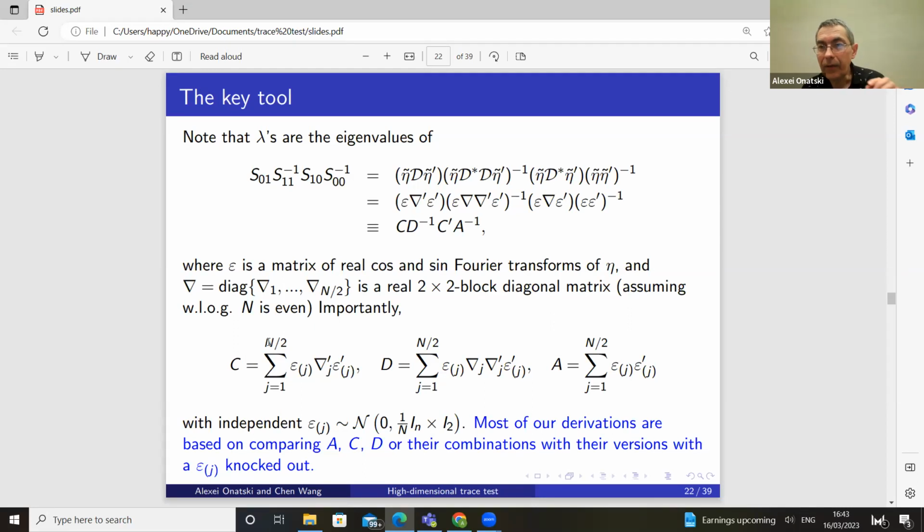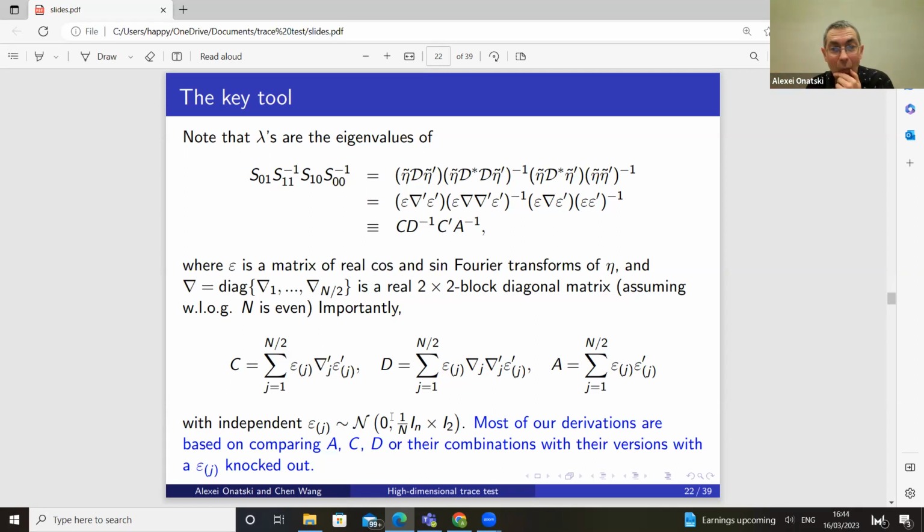If it is not even, then one block in this delta will be 1 by 1 instead of 2 by 2, but this will not change anything. It's just awkward that there are odd and even numbers, so I will assume that n is even. So all these matrices C, D, and A have this form of a sum of rank 2 matrices.